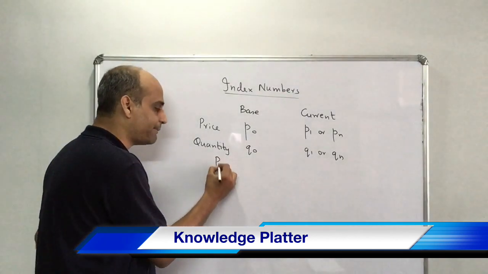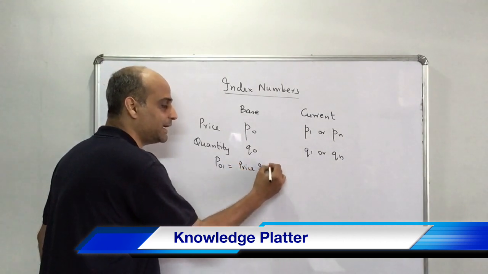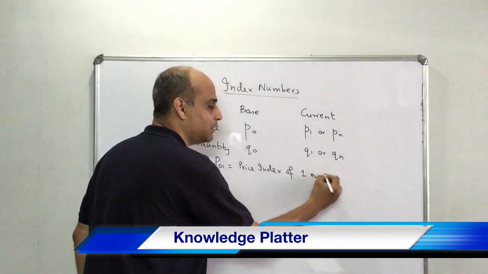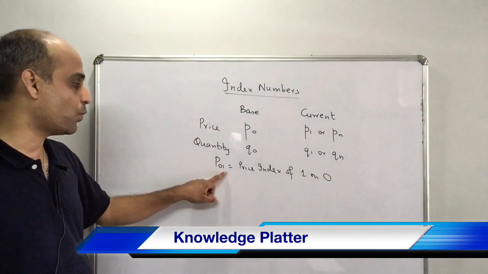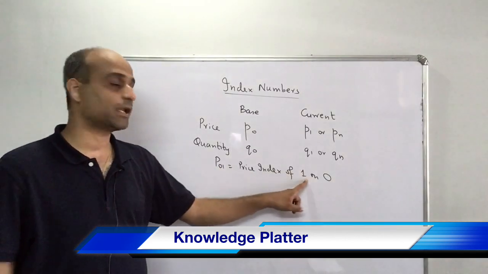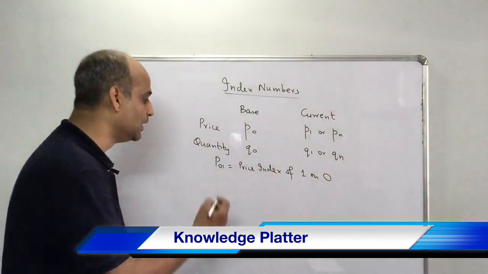Likewise, capital P01 is nothing but the price index of the current year on the base year. So it is P1 on 0. So P01 is the price index of the current year on the base year. So we write it as 1 on 0.